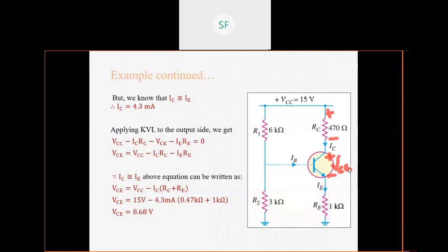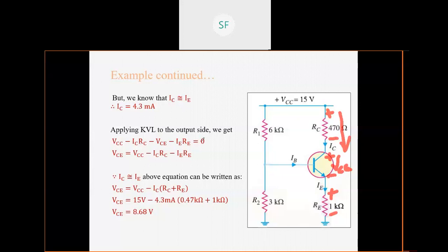Pardon my writing. Then again there is a drop across this, right? So we have to collect these terms. You can see here it can be shown as VCC. Again you have to remember the last sign. If you are moving in this direction, then the last sign will be minus. Hence ICRC is minus.